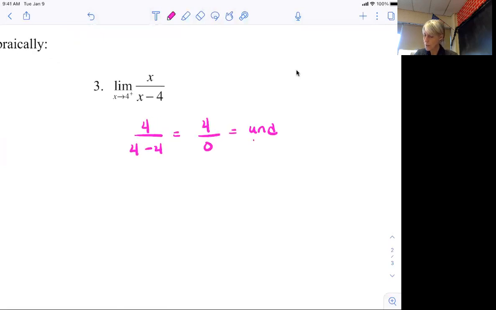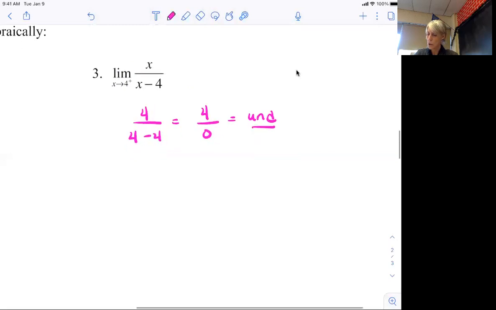Go back up since it's undefined. We go back up to the original. This one can't factor. I can't factor and simplify it. So I know the limit is not going to exist.